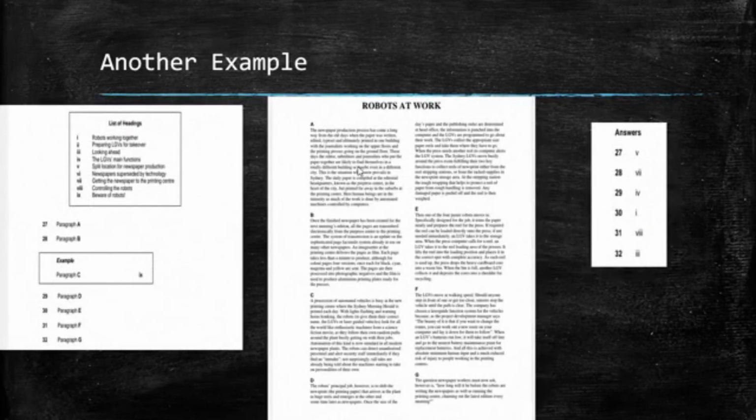Okay, I'm reading out this first paragraph for you. The newspaper production process has come a long way from the old days when the paper was written, edited, typeset, and ultimately printed in one building, with the journalists working on the upper floors and the printing presses going on the ground floor.